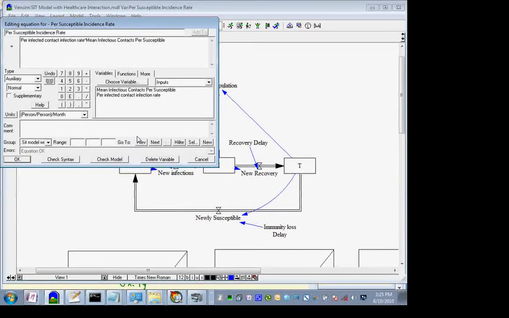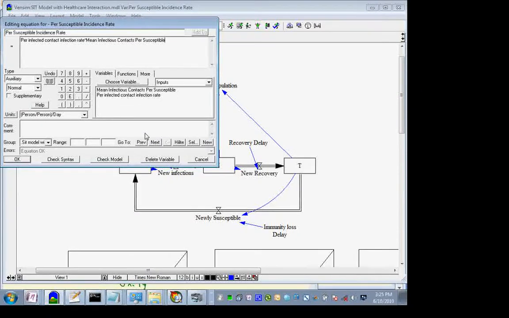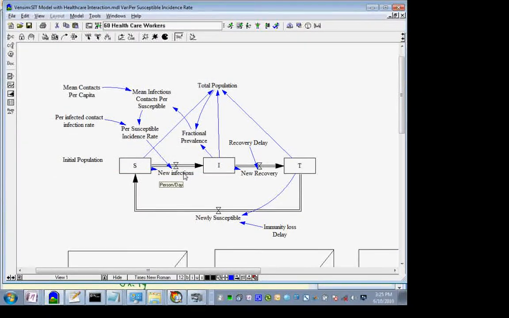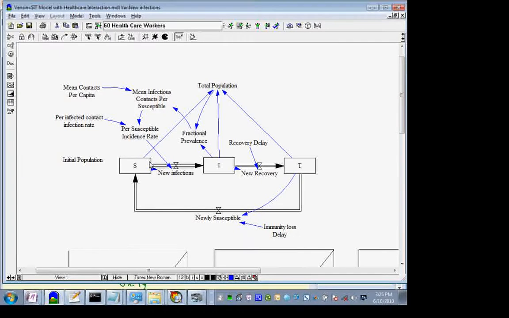I'm going to have to finish up here in just a minute for another meeting, but that's person per day. And this is sort of where the chickens come home to roost. If this stock is in persons, this has got to have units person per day, right?